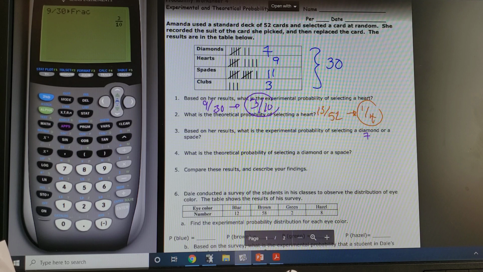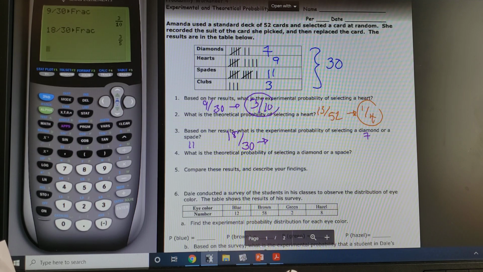How many spades? 11. 7 plus 11 is 18. 18 out of how many cards did we pick? 30, which reduces to 3/5. Alright, let's see if Dan is correct. Bravo, bravo. 3/5. Love it.